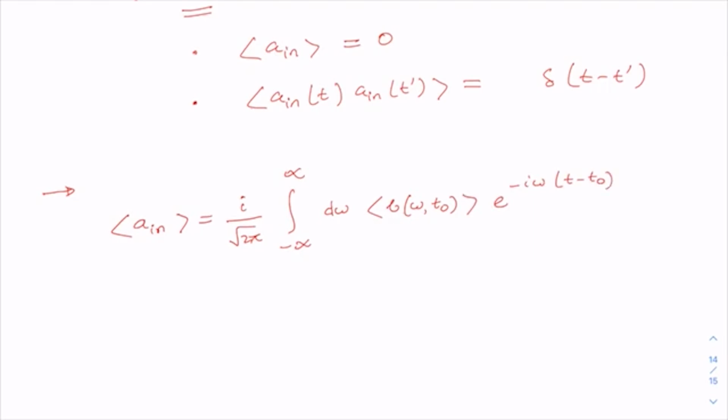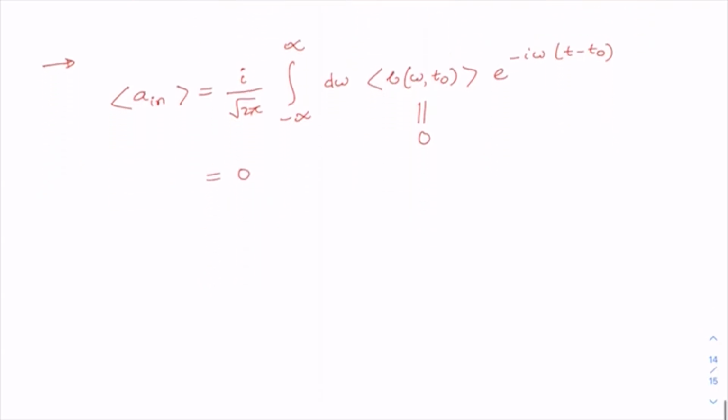Now it is very clear and actually obvious that since the annihilation and creation operators have no diagonal elements, this is going to give us simply 0. So the expectation value of this Langevin noise is 0 here.